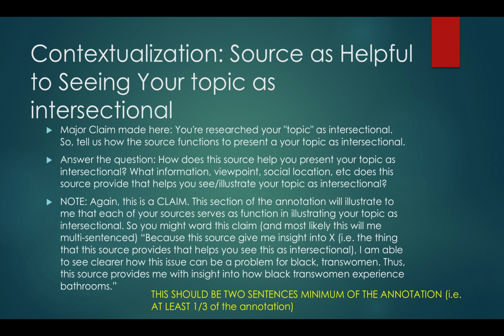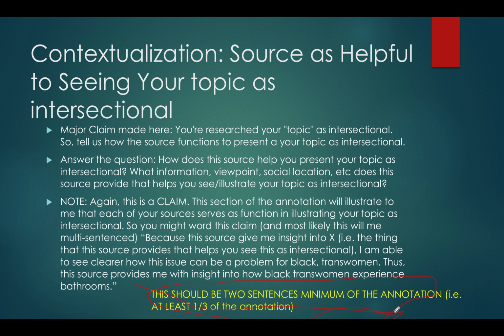Contextualization. Again, a third of your annotation needs to be this. One third, right? Sorry, my drawing here is really bad. So if you write three sentences on your summary and three on your evaluation, three on your contextualization. So the major claim you need to make here is that you've researched your topic as intersectional.